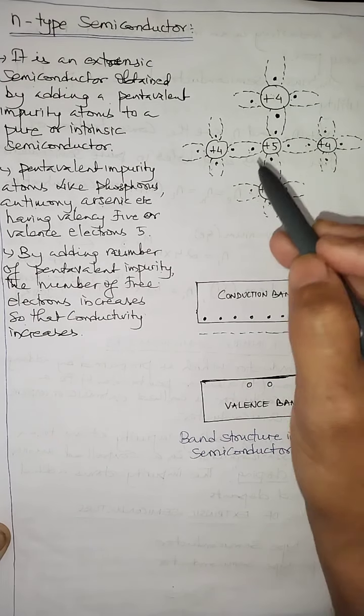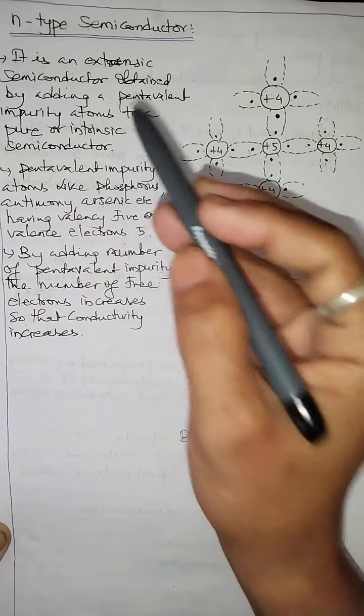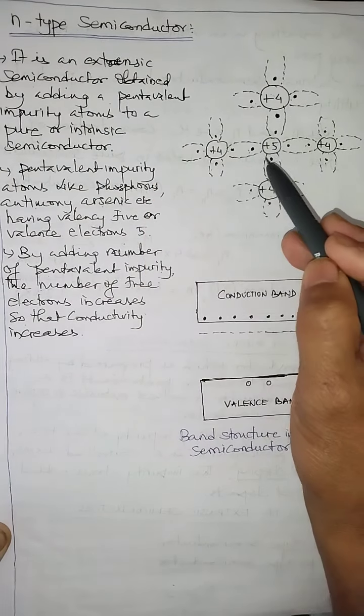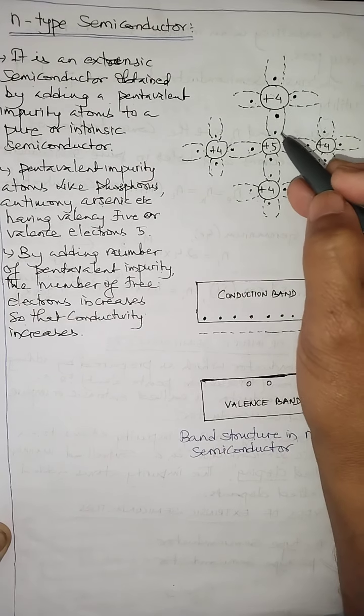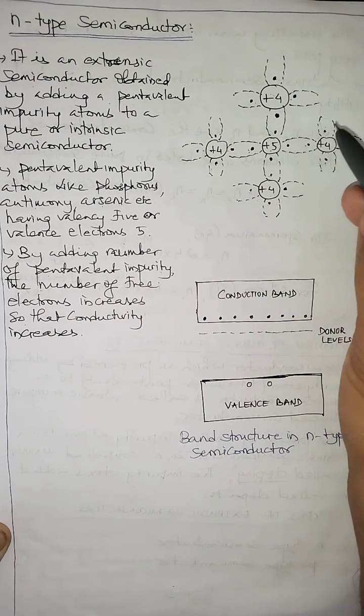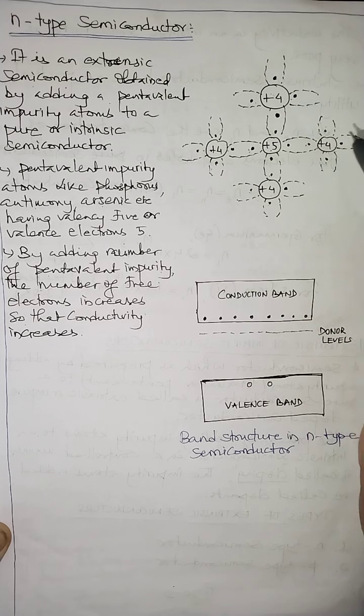But if you add a pentavalent impurity atom having valency 5, that means the outermost shell has 1 valence electron more than the silicon or germanium atom, then what happens?